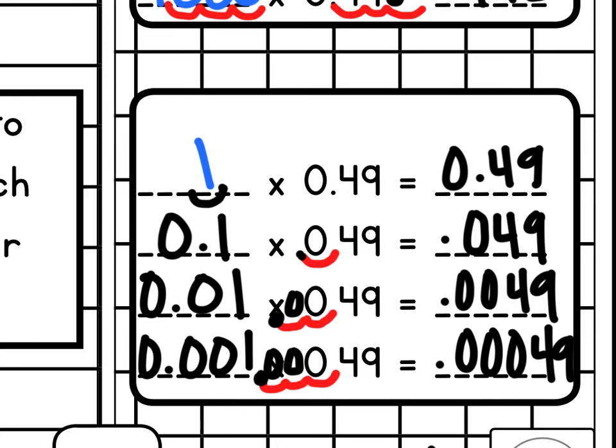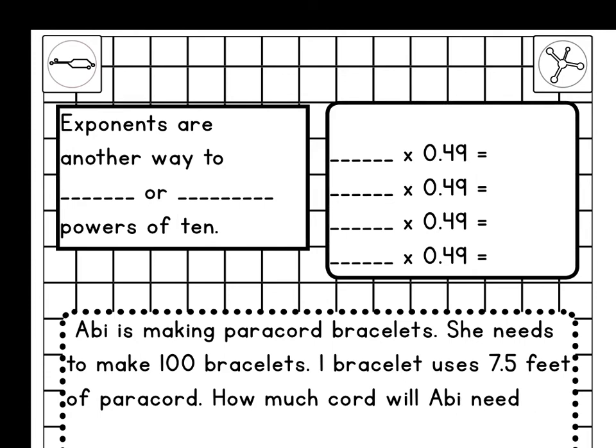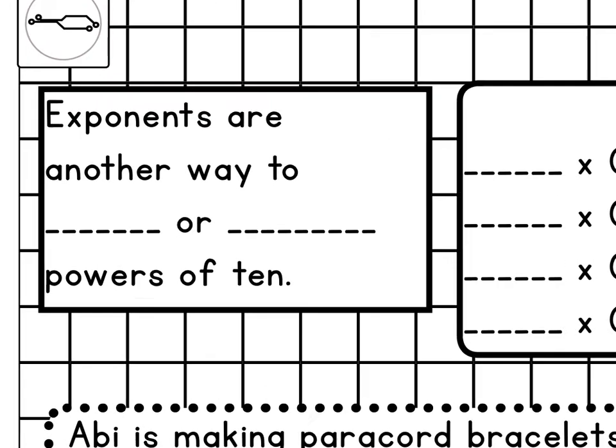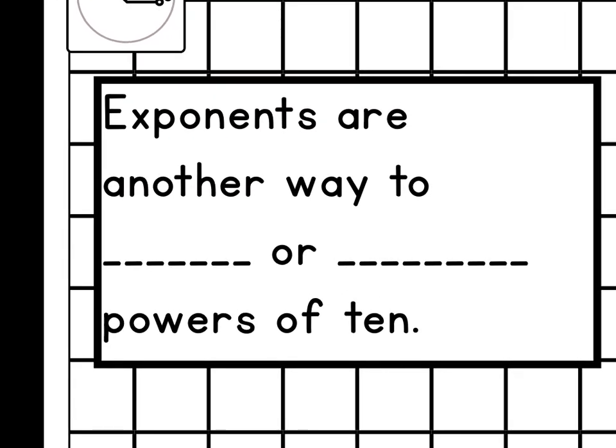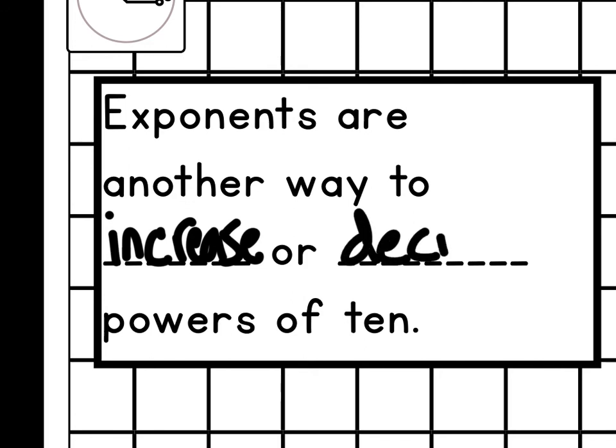Now turn to the other side. Okay, on this side, we will look at the first box. Exponents. We have talked about exponents before, and they're another way to increase or decrease powers of 10.